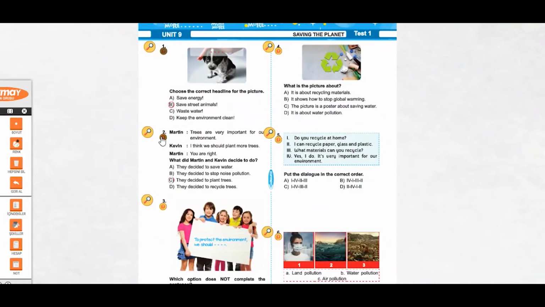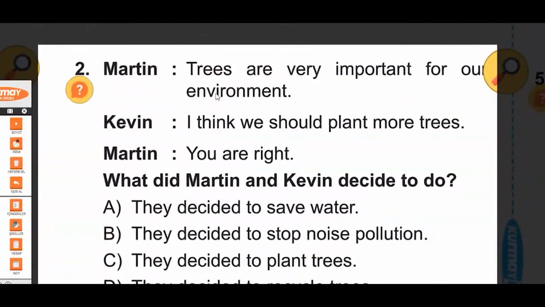2. Martin, trees are very important for our environment. I think we should plant more trees. Okay, you are right. What did Martin and Kevin decide to do?